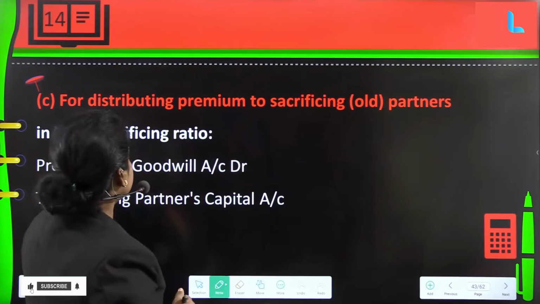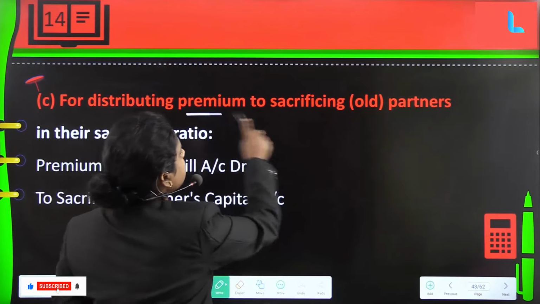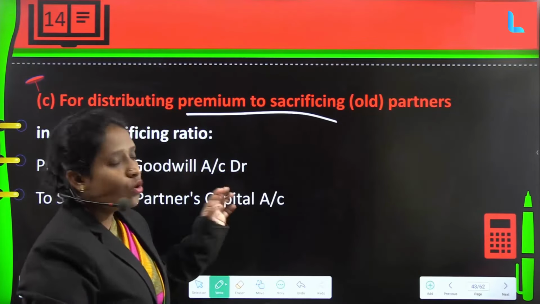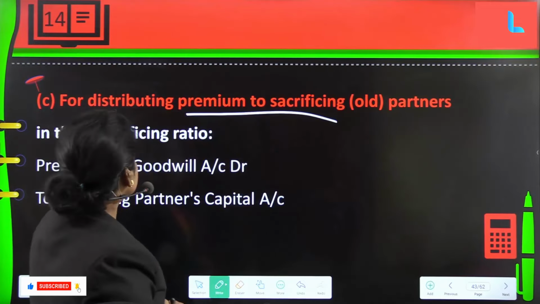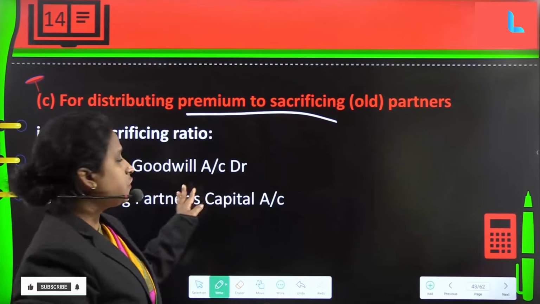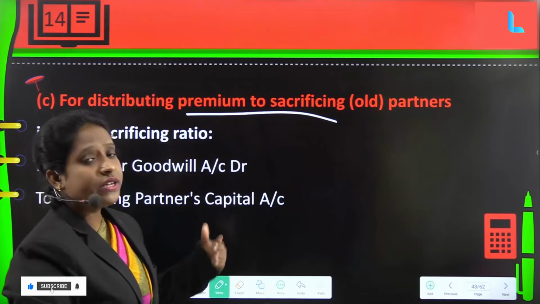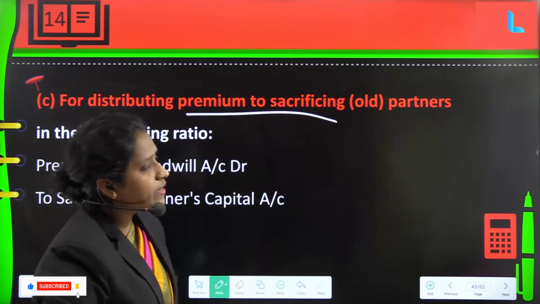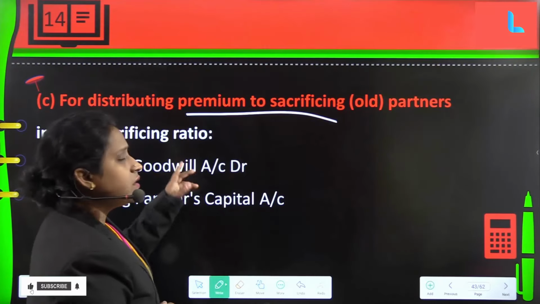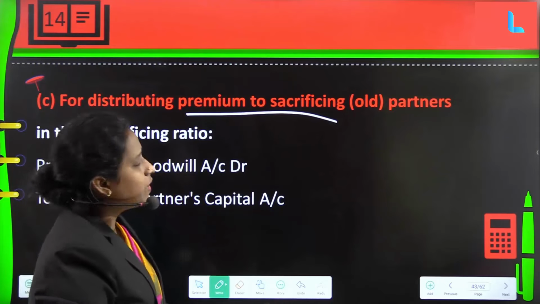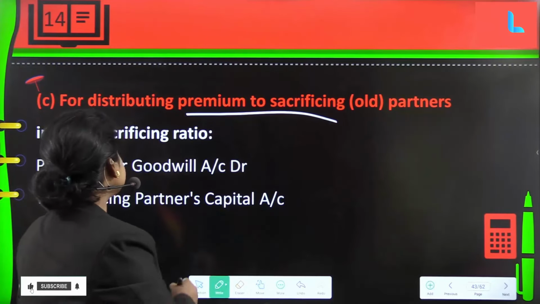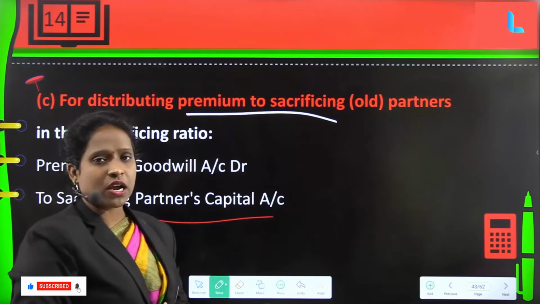The next situation is distributing the premium to the sacrificing old partners, that is, in the sacrificing ratio for the old partners. So the entry is for distributing the premium to the sacrificing partners in the old ratio. The entry would be premium for goodwill account debit, to sacrificing partners' capital account.